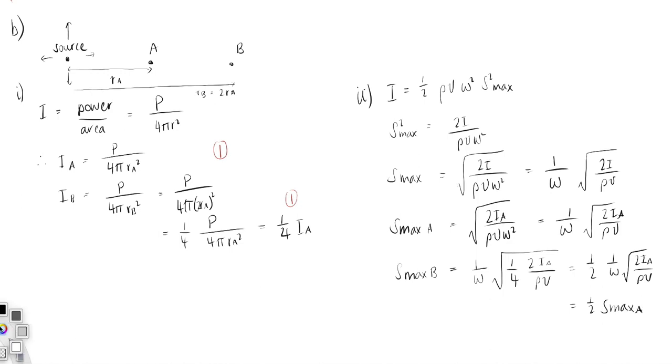So for this question, if you worked out what this formula was here, for the displacement amplitude, you got a mark. And then if you got the correct answer, in which the displacement amplitude at B is half of that at A, you got another mark.